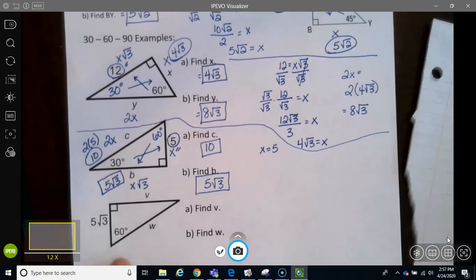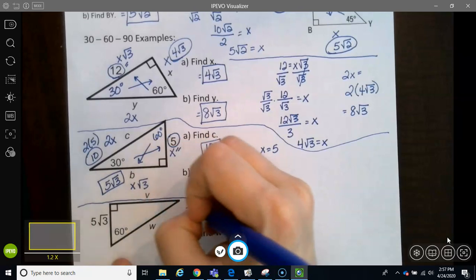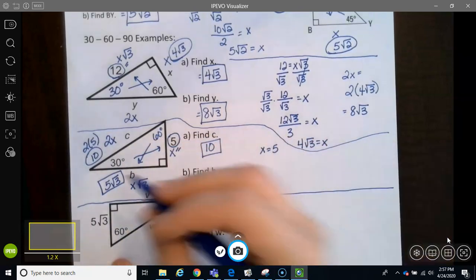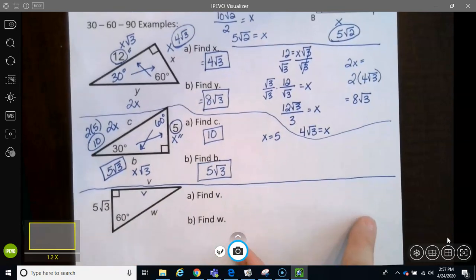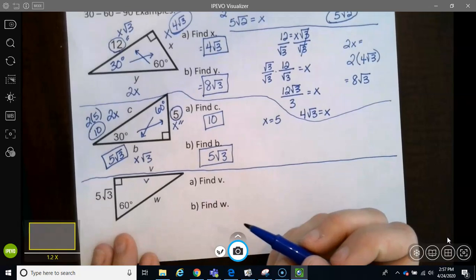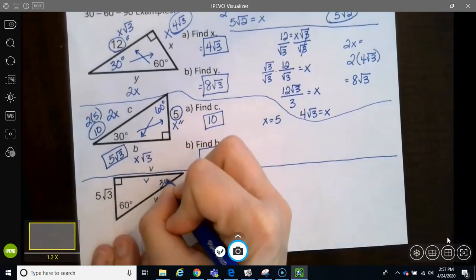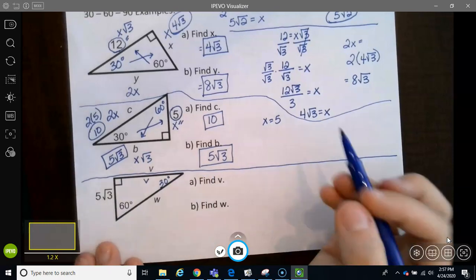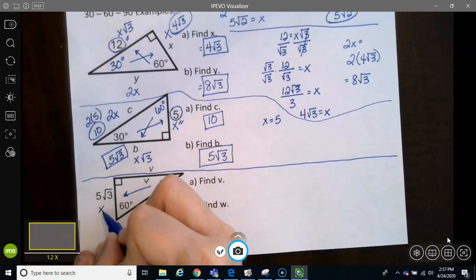Alright, I guess I didn't use that extra paper. I'm going to go ahead and draw a line to separate these. This side is B. It's marked right there, I just separated it. Alright, so first step, label your angles. They told you this one's 90, that one's 60, so this has to be 30. And then label the representations for each side. So across from your 30 is your x side.